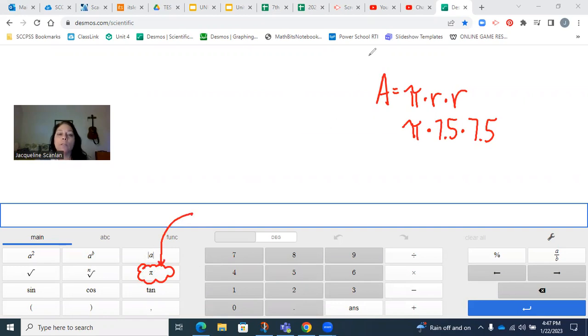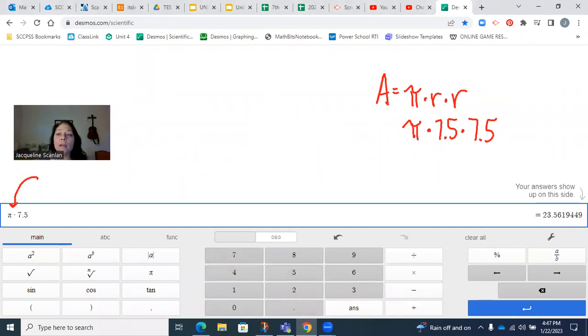All right, so I'm going to do pi, and you should see it pop up over here on the left-hand side of my screen. Now you see that symbol for pi, and over here you can see all those decimal digits that it's got. So I'm going to do pi, then the times sign, 7.5.